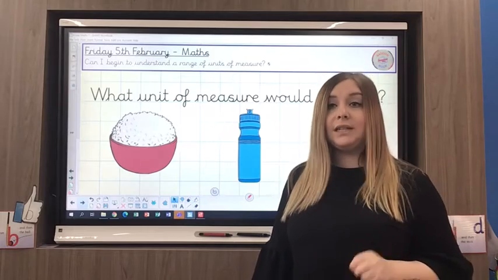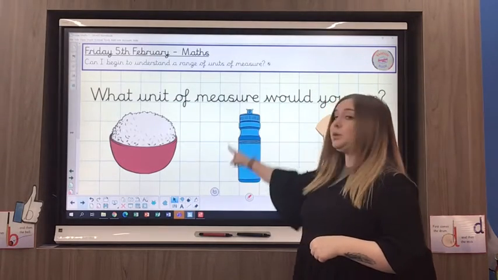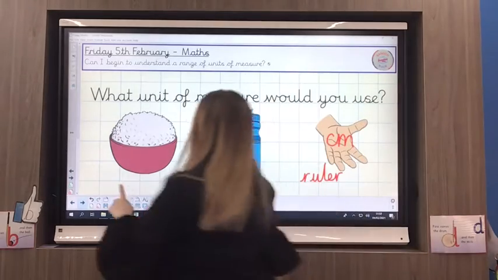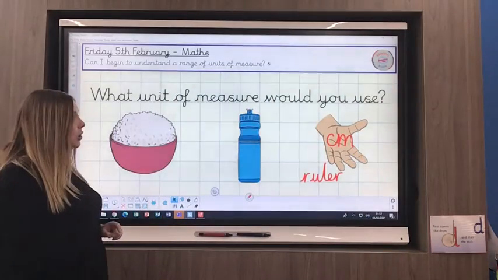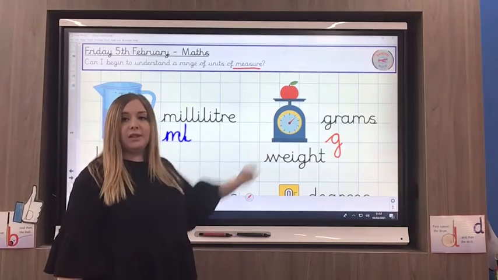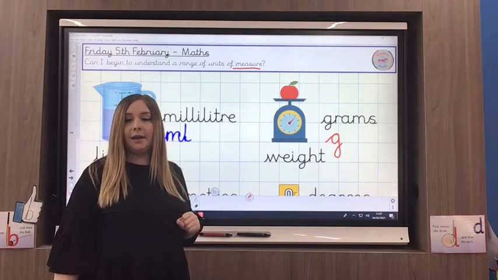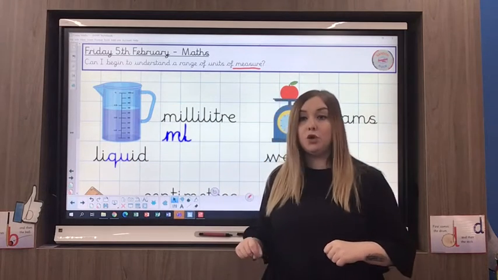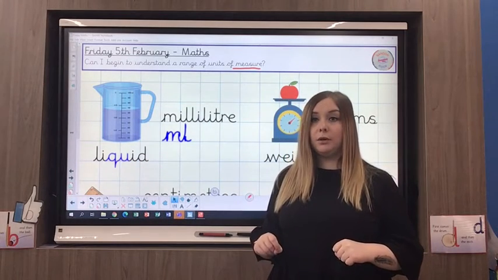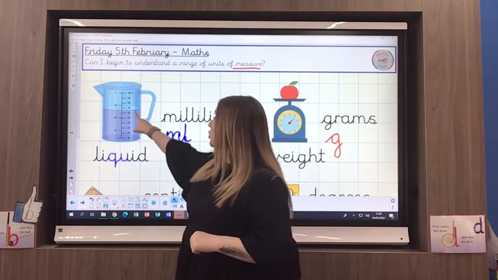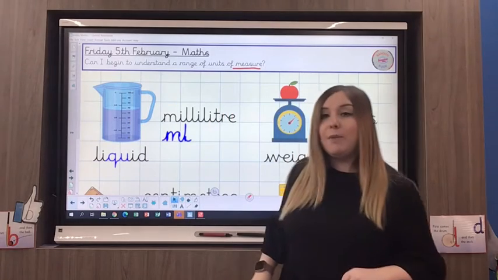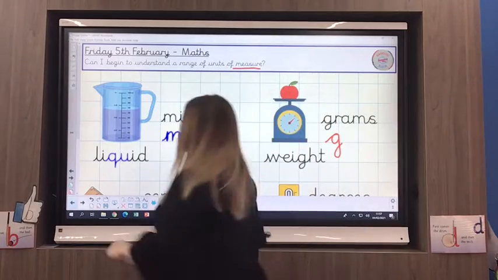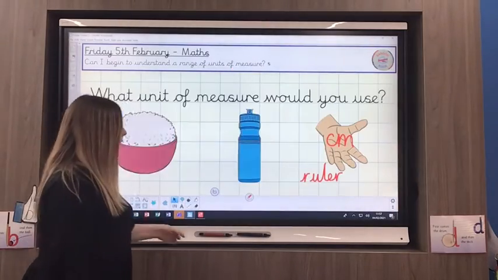So if I wanted to find out how much juice was in my bottle, what would I use? Would I use some scales to find out how heavy it is? Or would I use a jug to find out how much water there was? Okay, so I would use a jug, and what unit of measure would I use? It would be millilitres. Well done, Year 4, if you got that one right at home.